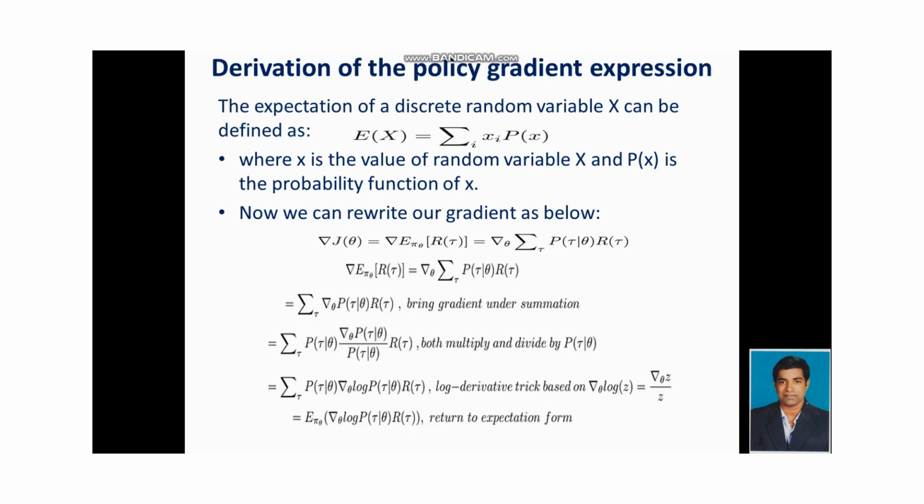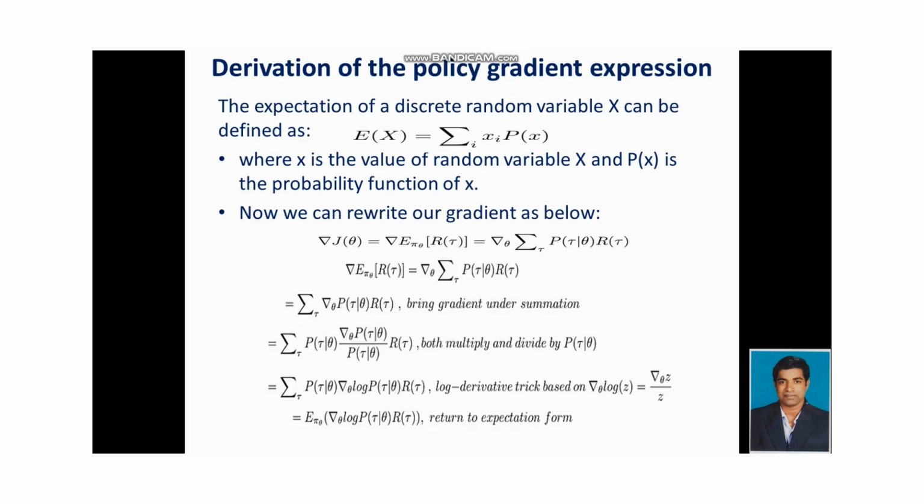In the next step, we take the log derivative trick, based on gradient theta of log z equals gradient theta of z divided by z. Similarly, the form here, gradient of p of tau given theta divided by p of tau given theta, looks like gradient theta of z divided by z.